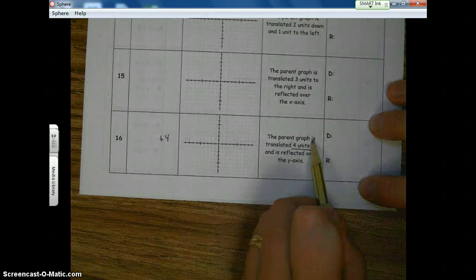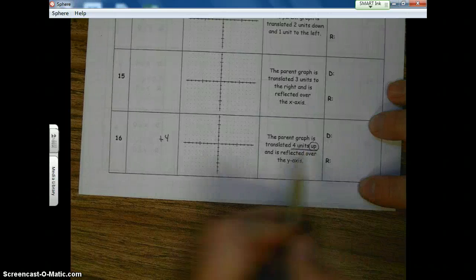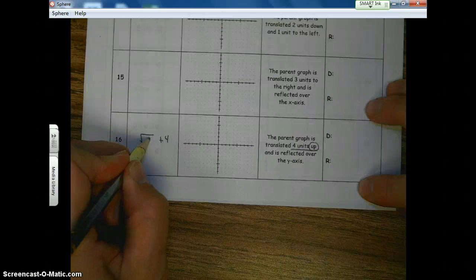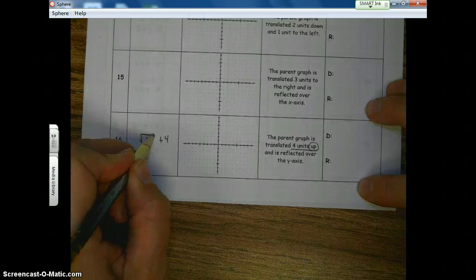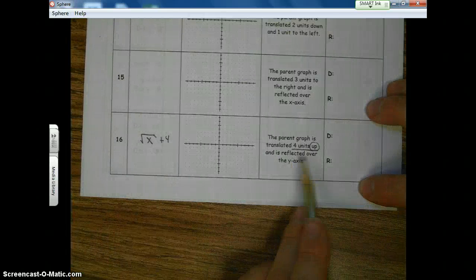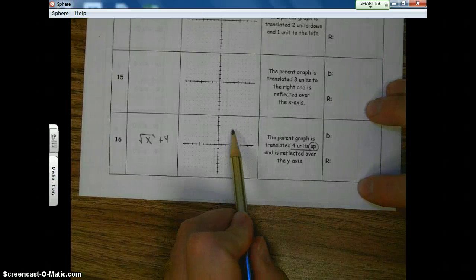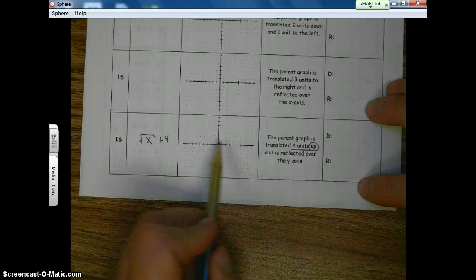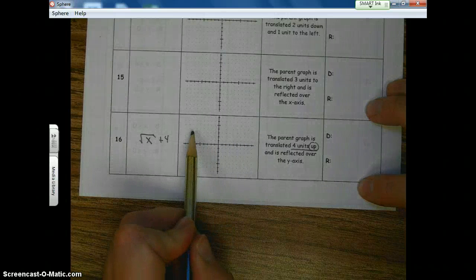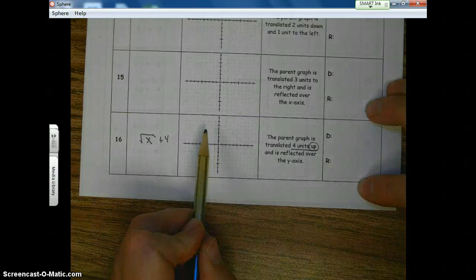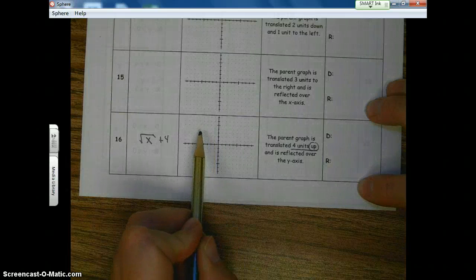Now, no left and right. So my x is going to go here. Nothing else underneath of it. So reflected over the y-axis. So instead of going this direction, it's going to get flipped over the y-axis. Now if I flip the graph over my y-axis, what's going to change?